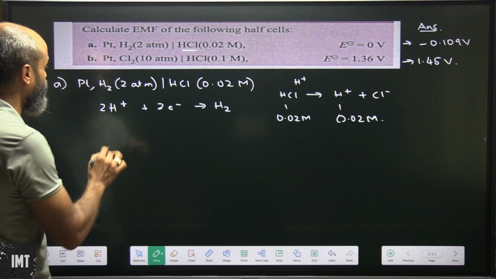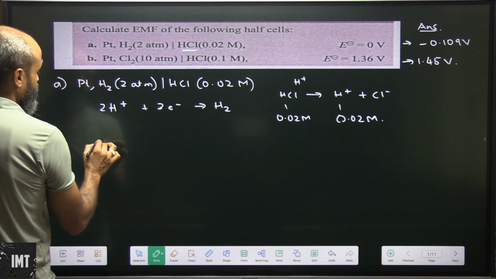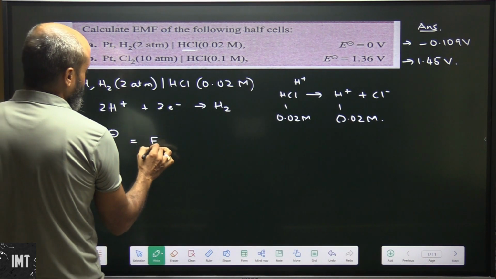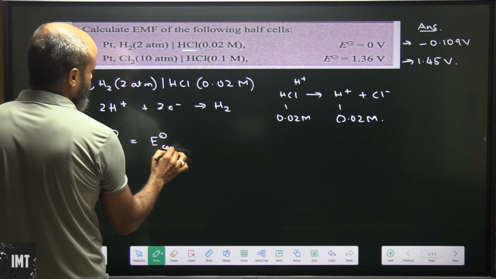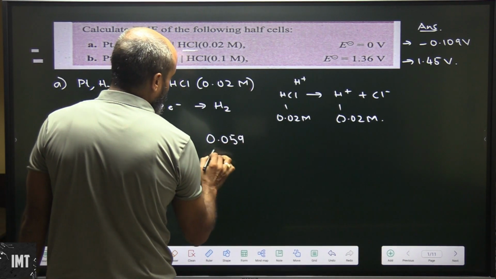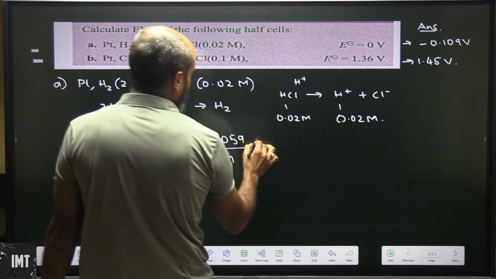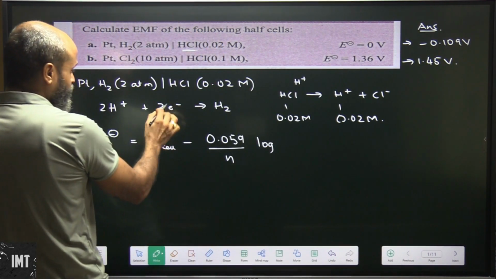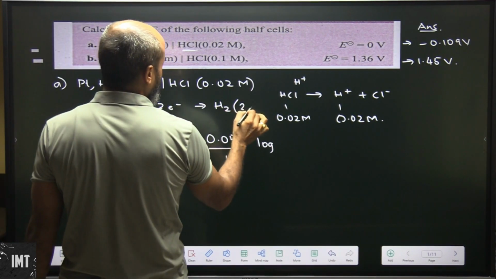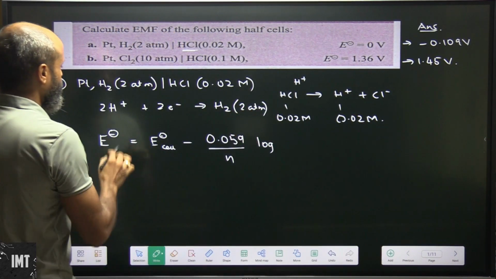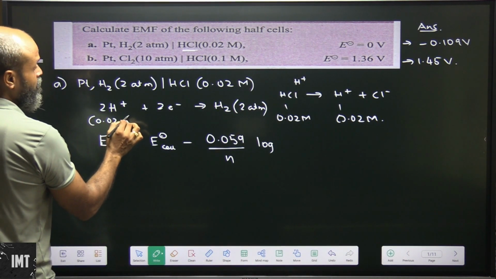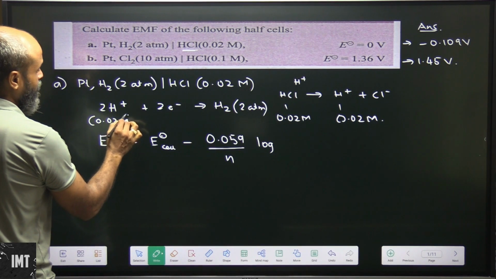So now let's come to the Nernst equation. From the Nernst equation, we will calculate the EMF of the cell. EMF of the cell will be standard reduction potential of the cell minus 0.059 upon the n factor, times log of the product. What is the product here? H2, at a pressure of 2 atmospheres, and here we have H plus with molarity 0.02.